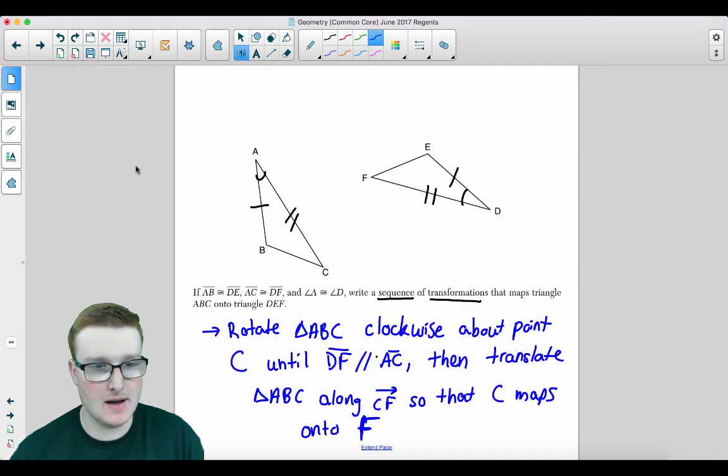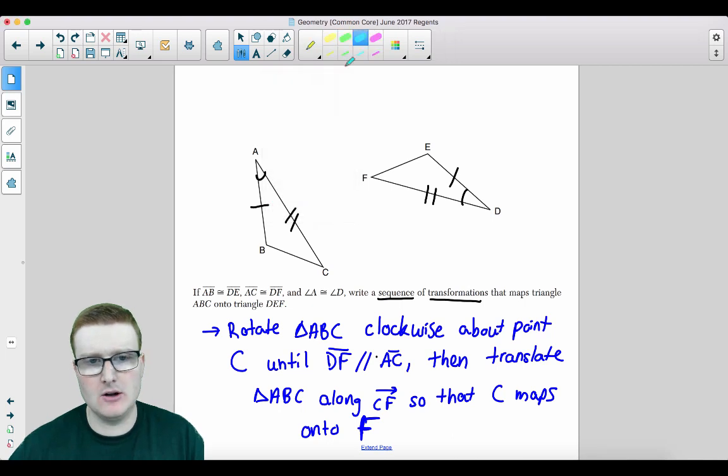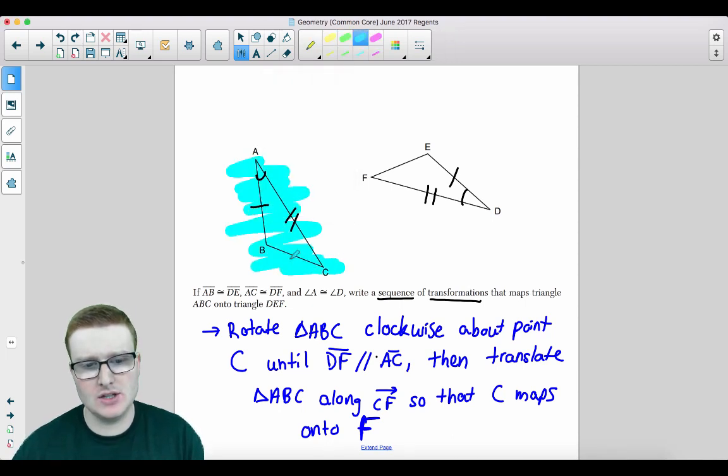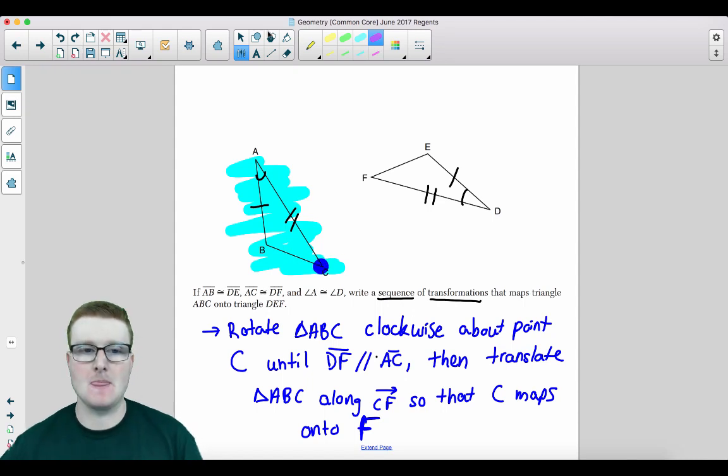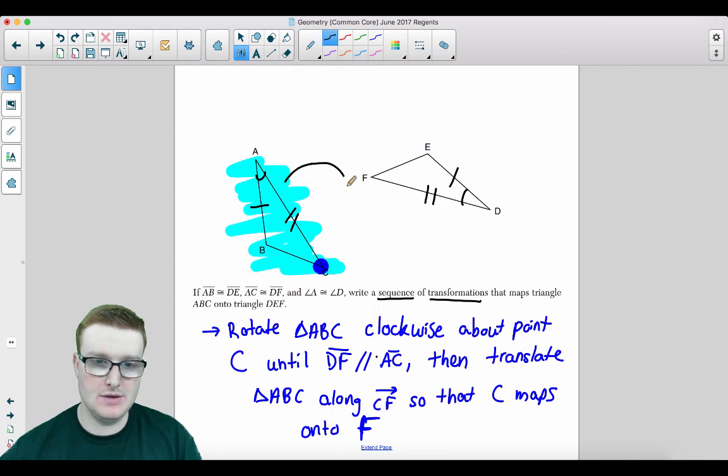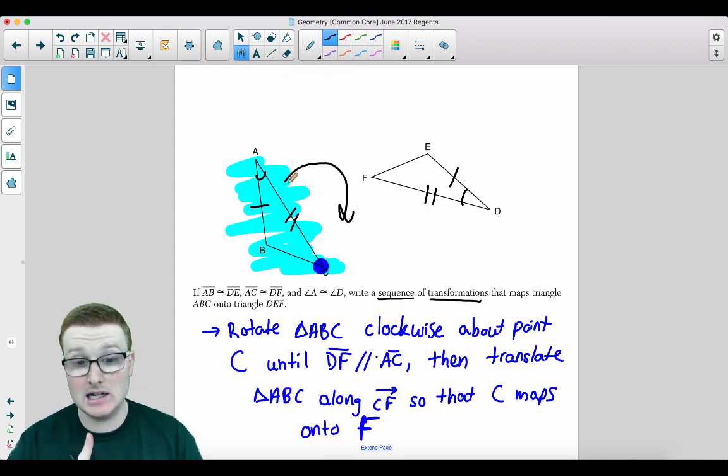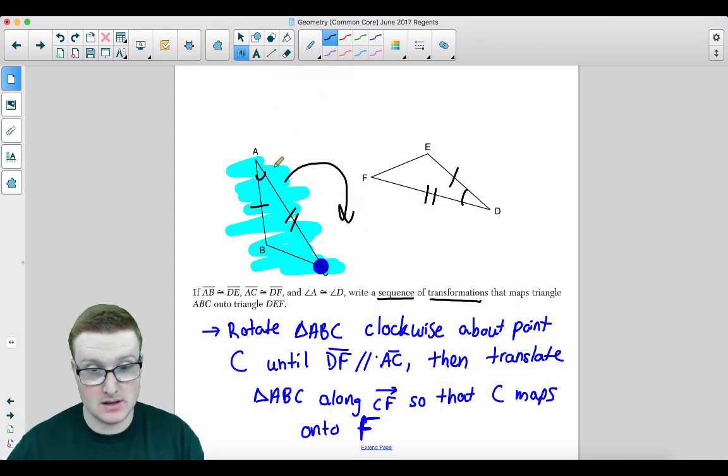So let's go ahead and talk about this. What I just said to you was this. I said rotate this triangle about the point C, which is down here. So you're going to rotate it clockwise this way until DF is parallel to AC.